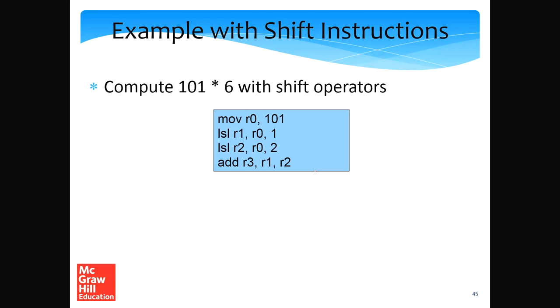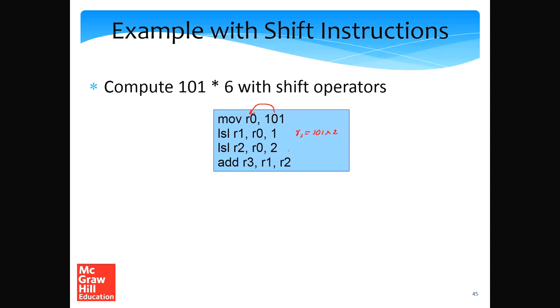So let's give some neat examples with shift based instructions. Let's assume we want to compute 101 multiplied with 6 with just shift based operators. So the first task is register assignment. So we move 101 to register R0. So we shift R0 by one position, which is essentially equal to R1 is equal to 101 multiplied with 2, because we are shifting it by one position.